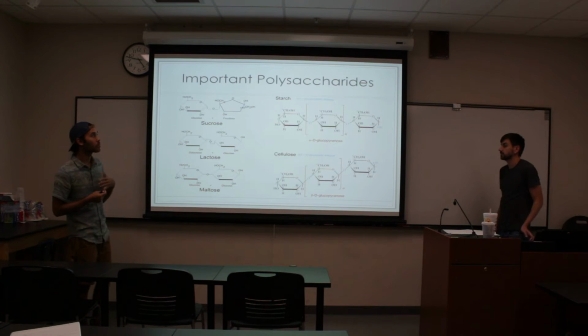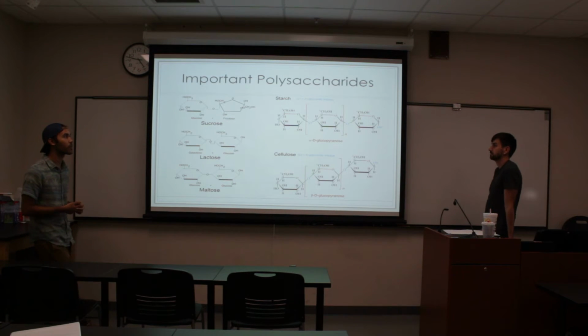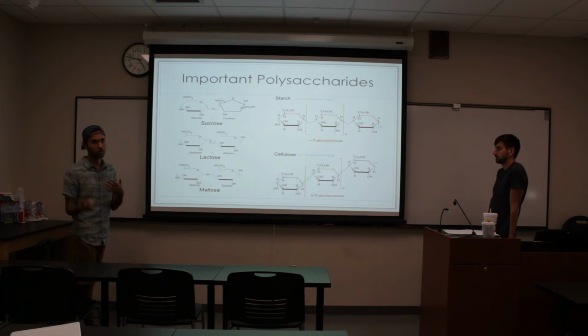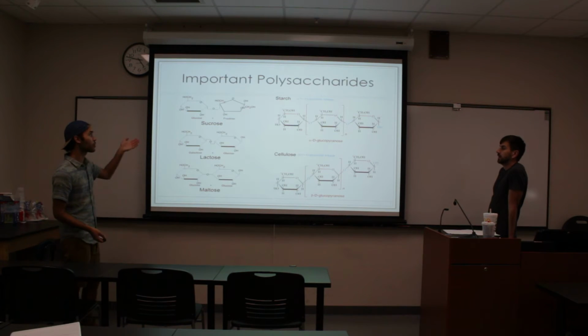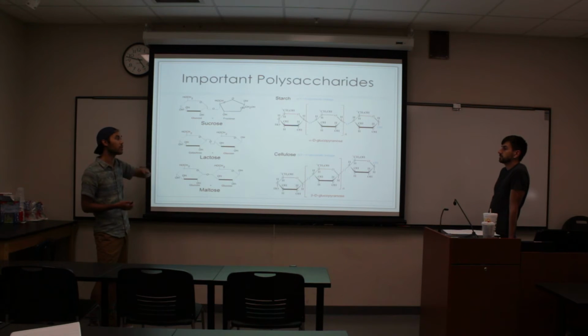So here are some semi-important polysaccharides, or at least common ones that will probably be put on there if they are included. There's sucrose, which is a disaccharide of glucose and fructose.